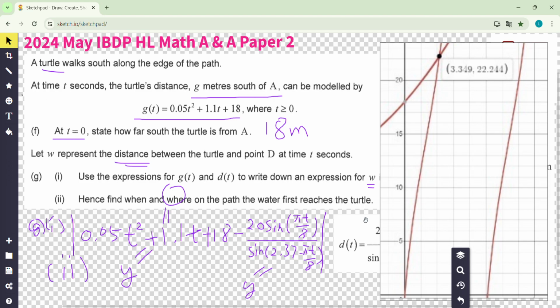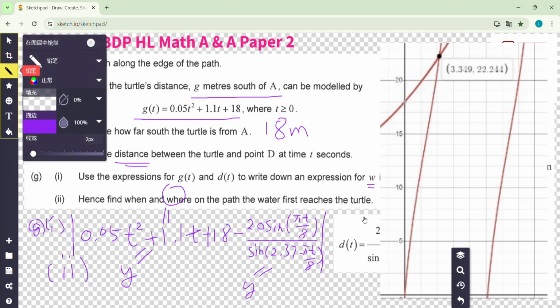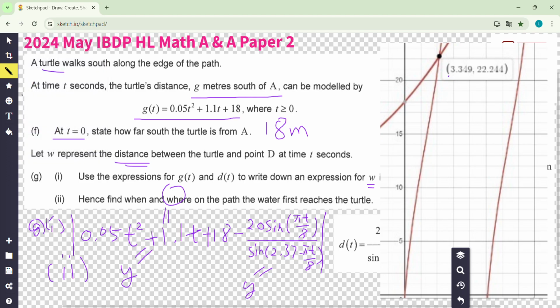They will first meet at 3.34 seconds, the time is here, and then the position is 22.24 meters south of pond A. So you can say clearly the time is when t equals 3.35 seconds, where 22.24 meters south of A.